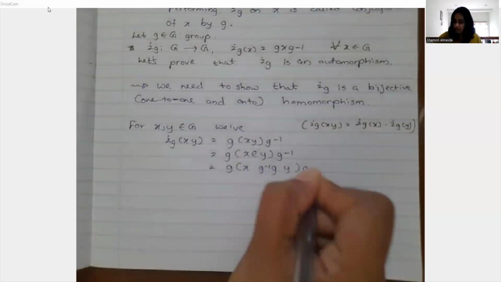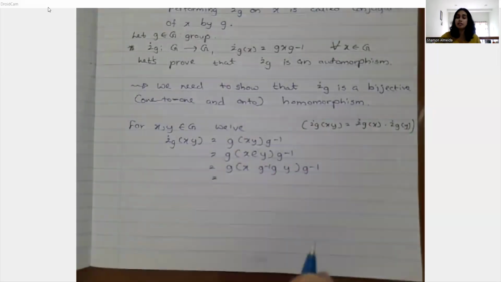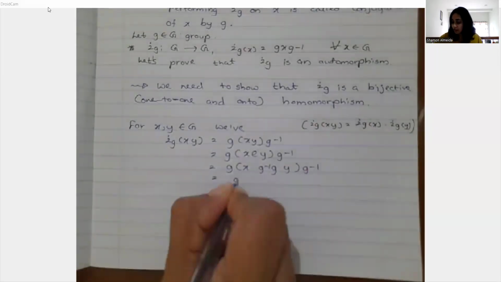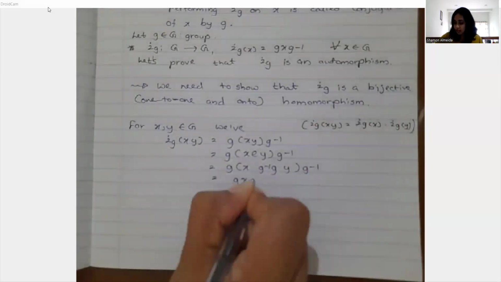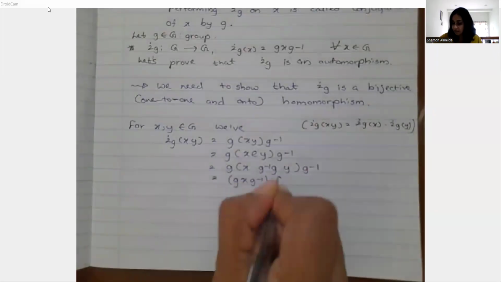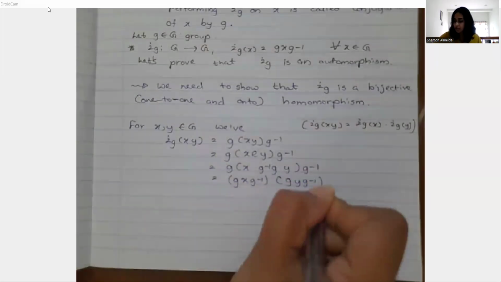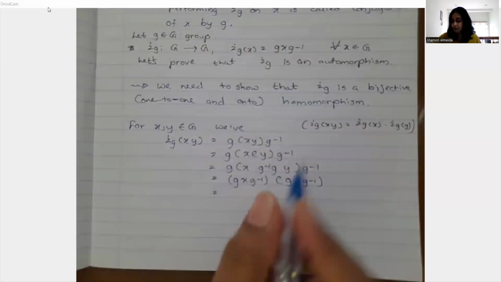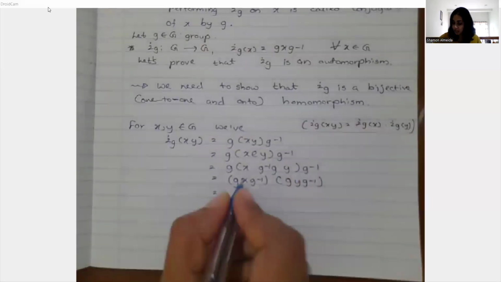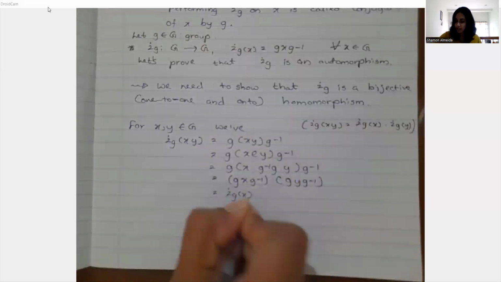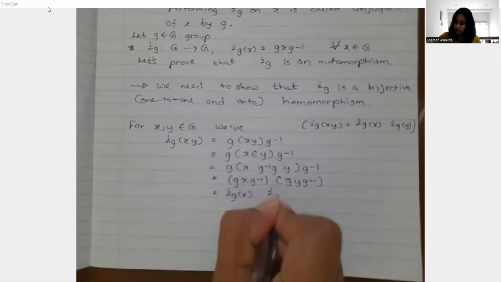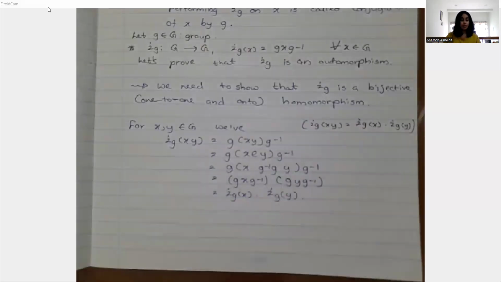Now we simply apply the associative property and consider this product separately times Gy G inverse. Now by definition of the function I sub G, we see that this is I sub G of x times I sub G of y.